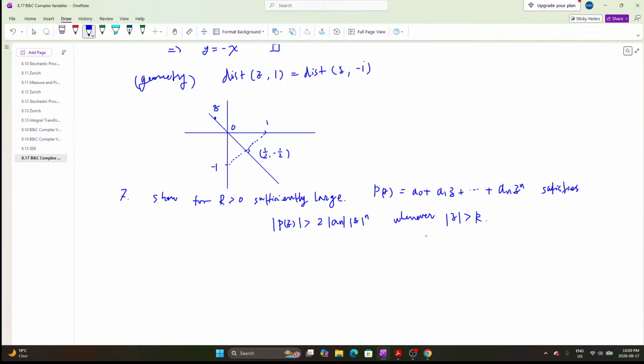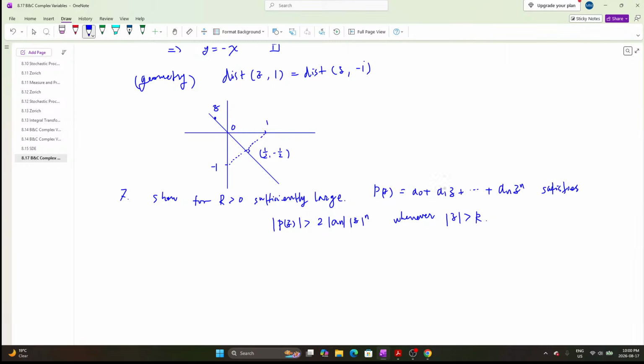Okay, so let's first try to explore things a little bit. Basically, this is what we want to show. We wish to give a lower bound in terms of basically a multiple of z modulus to the n, right?